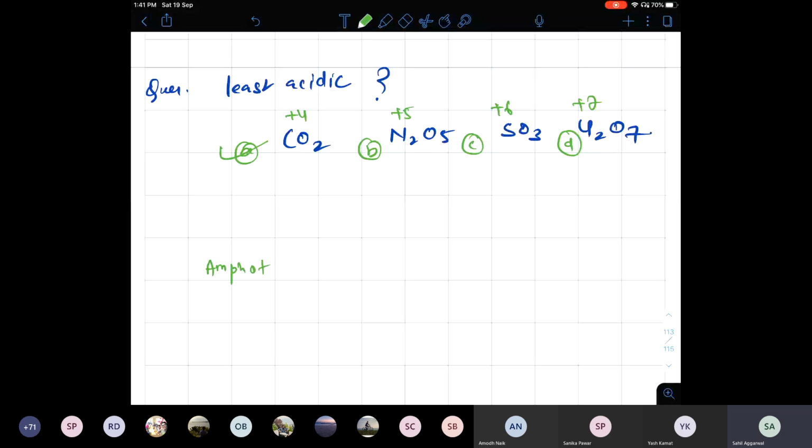What do we mean by amphoteric oxide? All of you must be knowing it. So both acidic and basic. Yes.